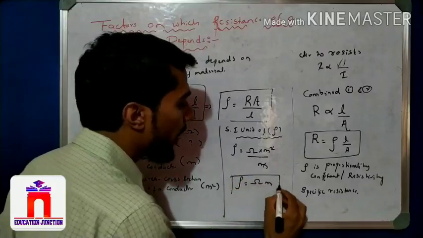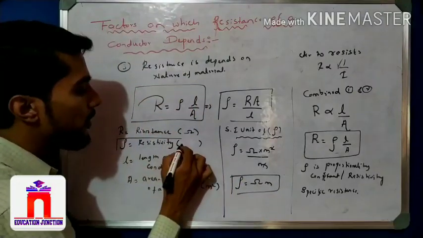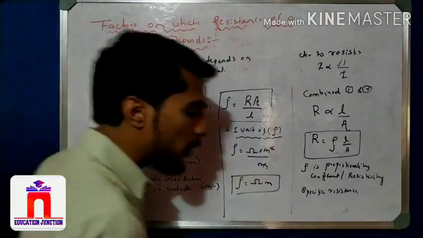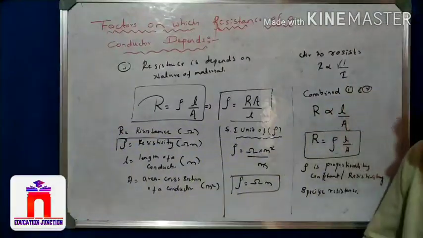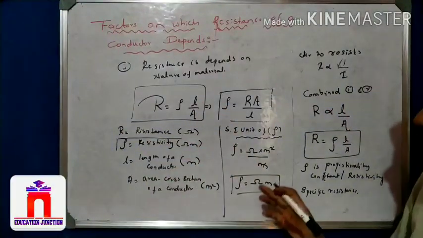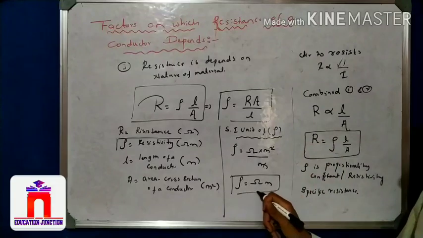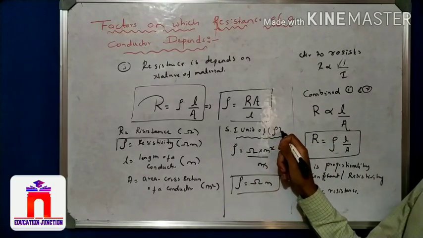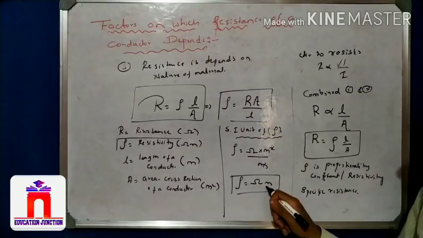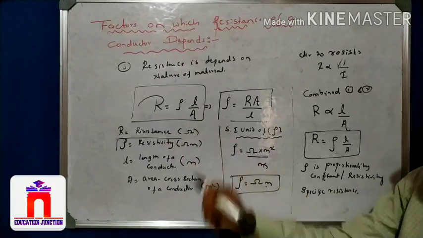So the SI unit of resistivity, or specific resistance, is ohm meter, and the resistance is simply ohm.